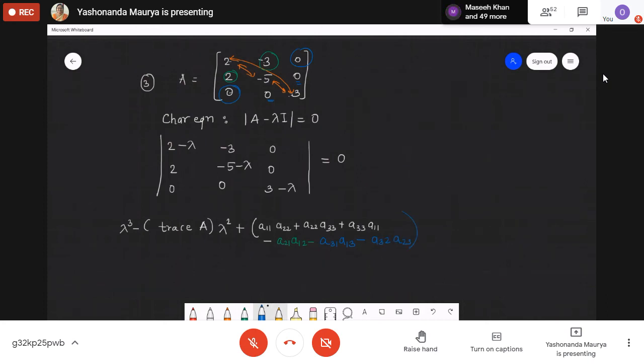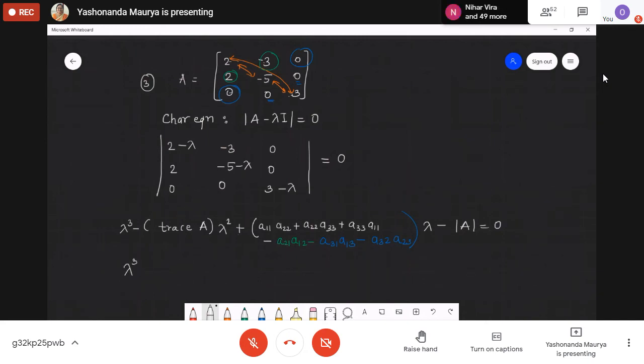This is the coefficient of lambda. Minus, see this is plus, minus, plus, minus, determinant of A is equal to 0. Okay, so we'll put the values here.